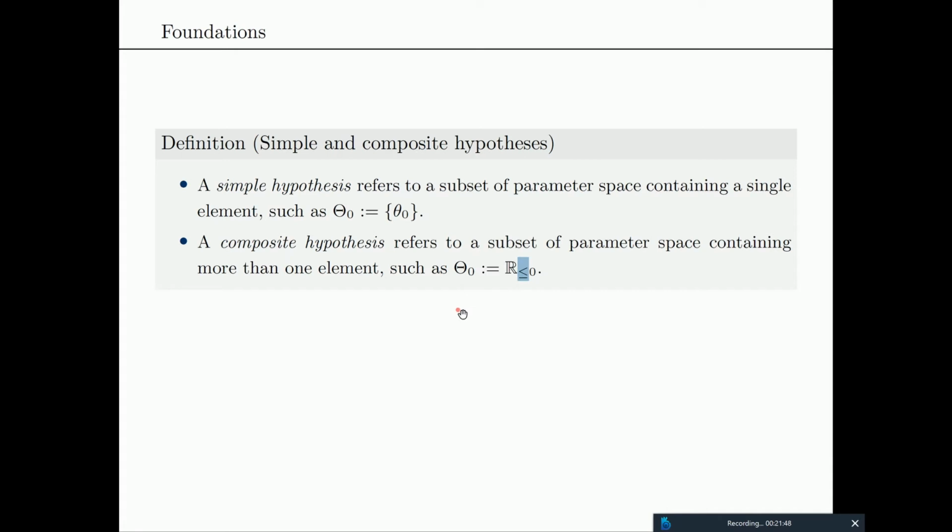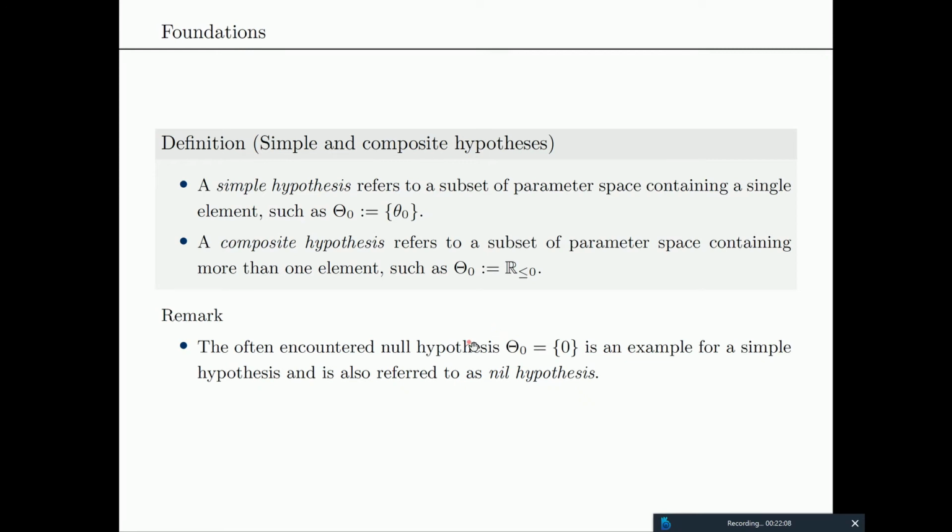Note that the statement that the true but unknown parameter is in theta 0 is called the null hypothesis, but I will also call theta 0 itself the null hypothesis, because it's a little redundant to say that all the time. The null hypothesis that theta 0 comprises only the 0 element is an example of a simple hypothesis, and it's also referred to as the nil hypothesis.